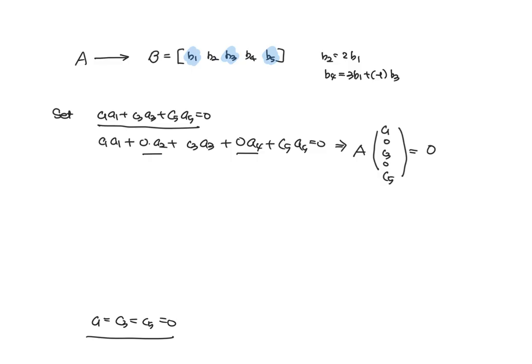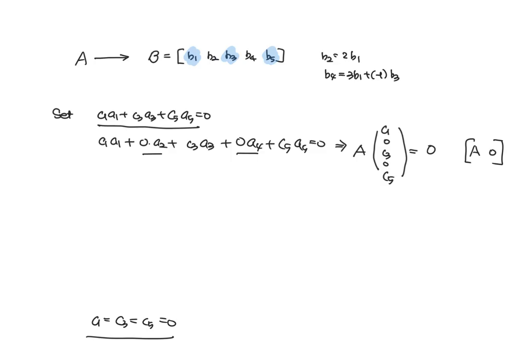We construct an augmented matrix and perform row operations, right? That's the one and only strategy to solve the problem. So you construct the augmented matrix with the coefficient part A and the right-hand side vector 0. Given this augmented matrix, you perform a sequence of row operations.